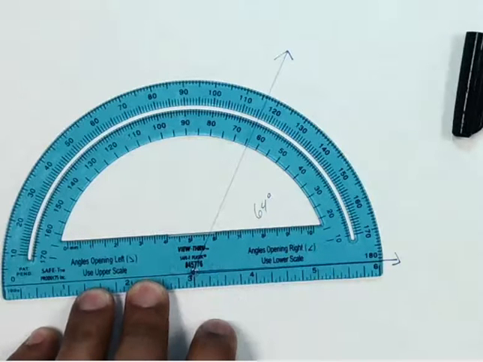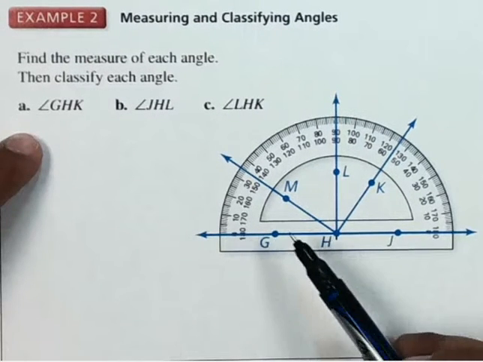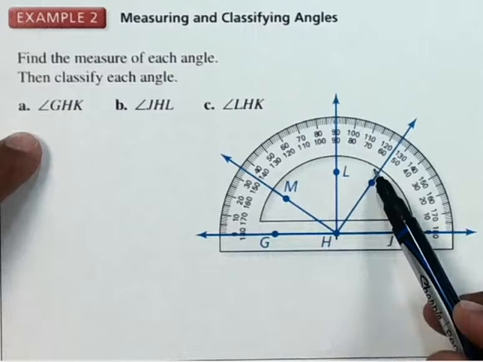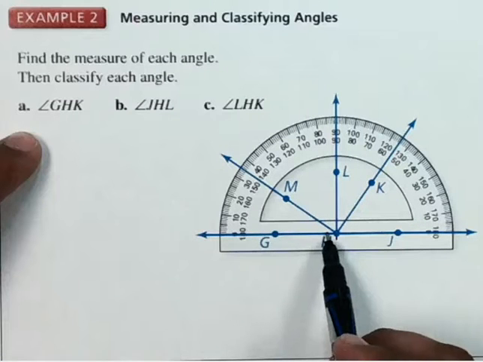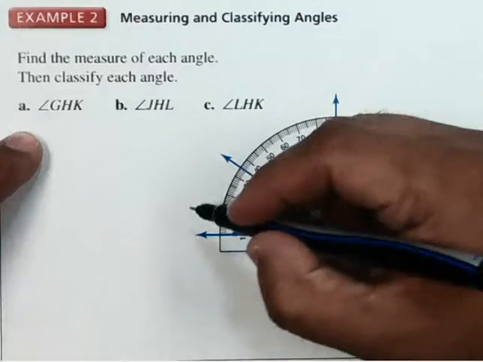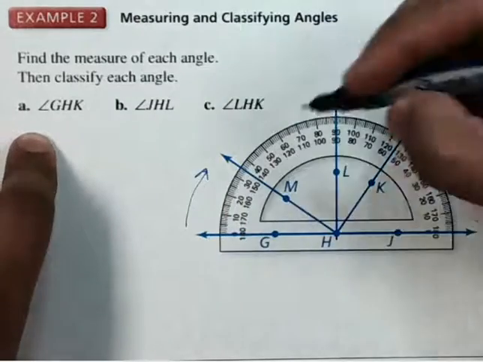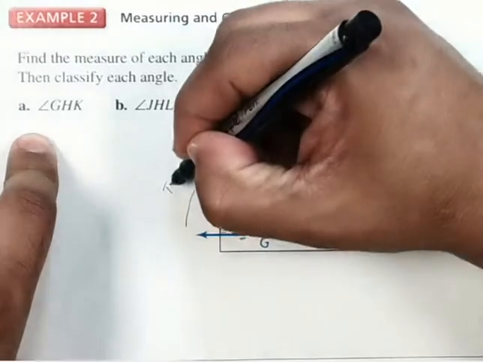I'll give you another example to look at. Okay, and here are these other examples that we're going to look at. I don't expect you to draw this compass out, but I do want you to watch and see what we're doing. We're talking about this angle GHK. All right, so this is already lined up for you. Since I'm going this direction, I'm going to use the top numbers.